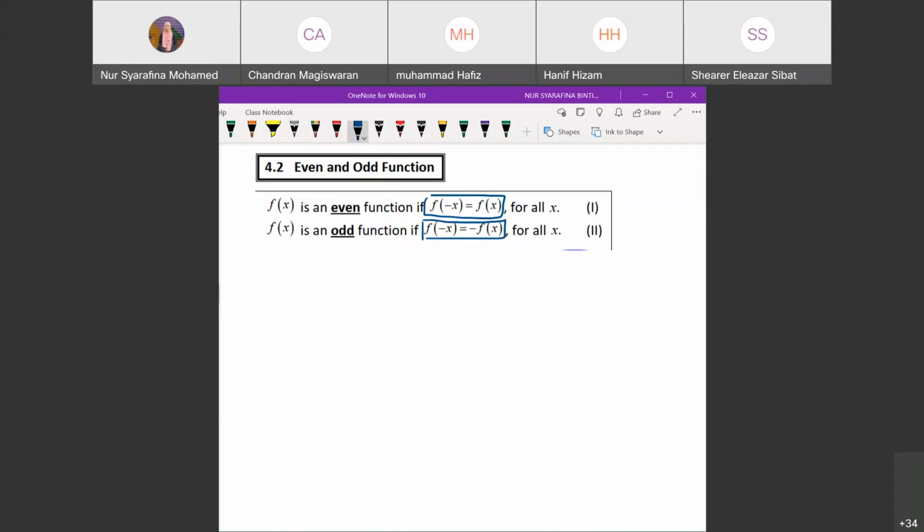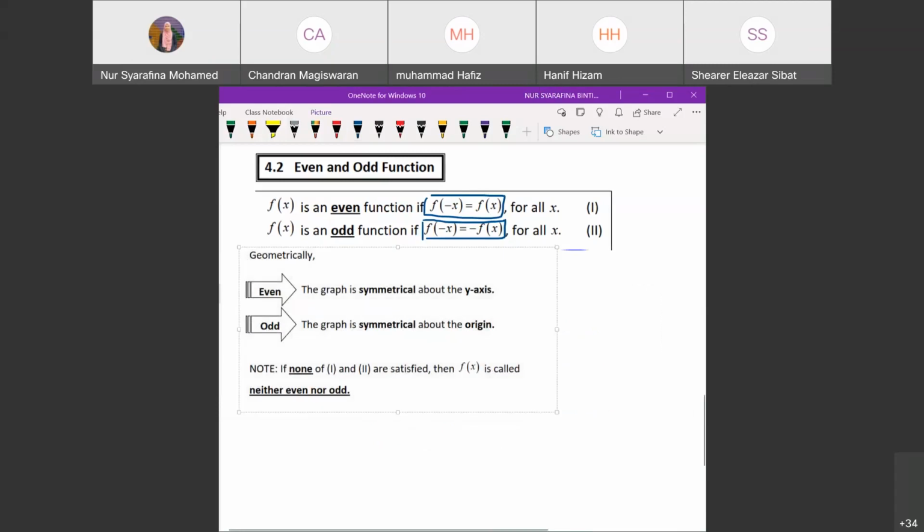And graphically, for an even function, the graph is symmetric about the y-axis. And for an odd function, the graph is symmetric about the x-axis. So graphically, we can plot this graph. Okay, this is the definition.